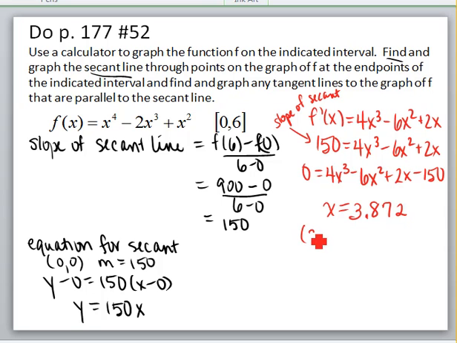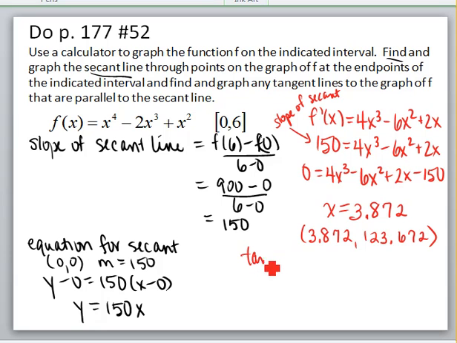When I go ahead and find the point that goes along with this, because I need the equation of the tangent line, I find out that my y value is 123.672. Again, you guys can check all that with your calculator by plugging 3.872 into this function. I'm not going to take the time to do so in this video.